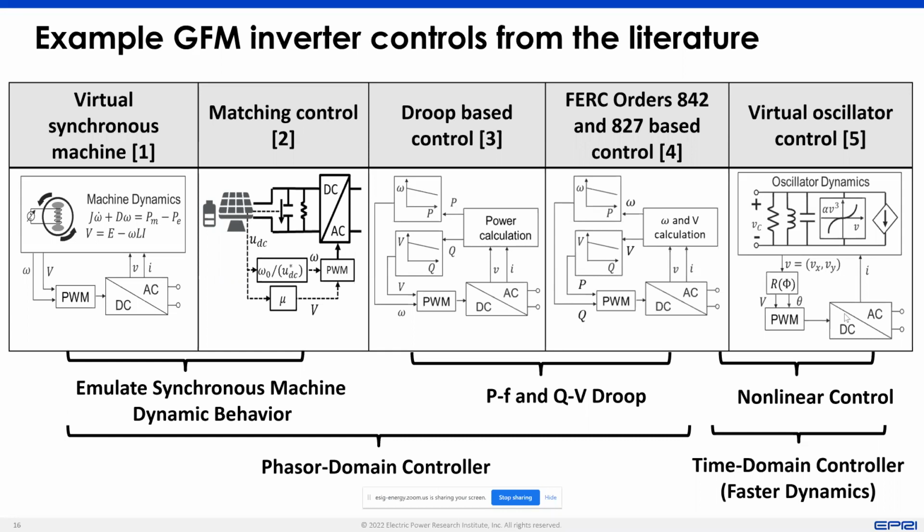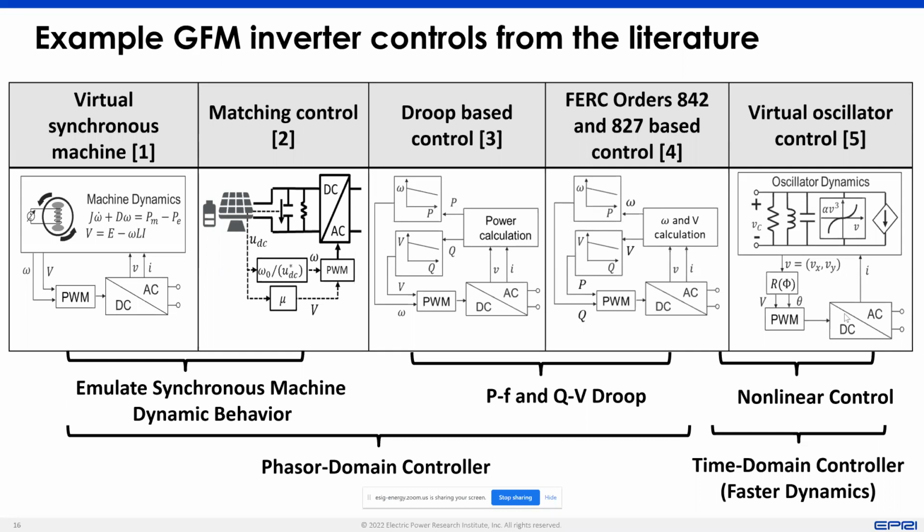Now, when we move on to this last type of grid forming control that we survey here, it is called virtual oscillator control, which is basically a nonlinear type of control that looks at the time domain measurement. And the benefit of doing it in the time domain instead of the phasor domain is that it avoids the measurement of phasors, so it can have faster dynamics.